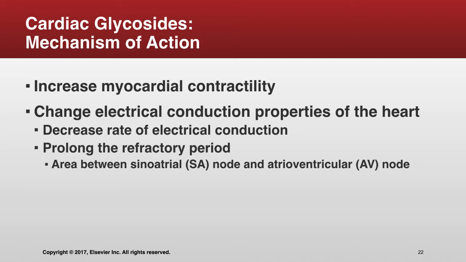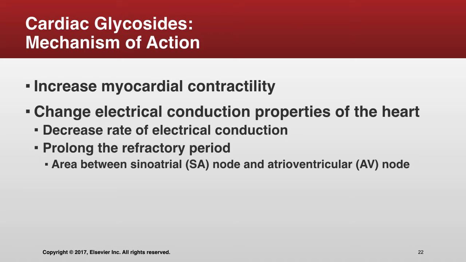The mechanism of action for cardiac glycosides is that they increase the myocardial contractility. In other words, they make the contraction of the heart stronger. They also change the electrical conduction properties of the heart.